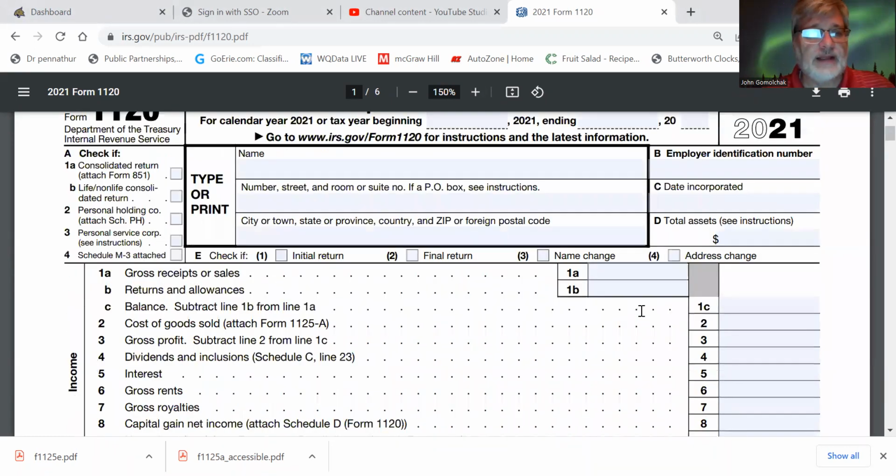Okay. Now that leaves us to go back and pick up for line 2 here, the 1125A. So once again, let's see if I can get that. A second, I have to move things around on my screen. Give me a second, I apologize. Okay, try this again.